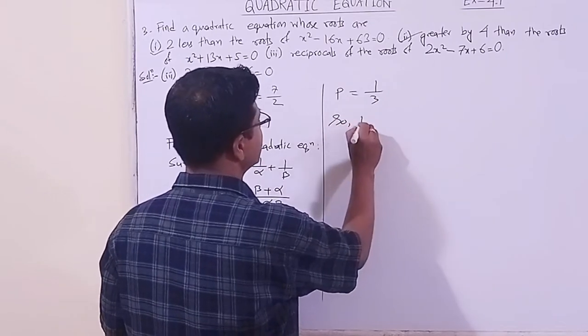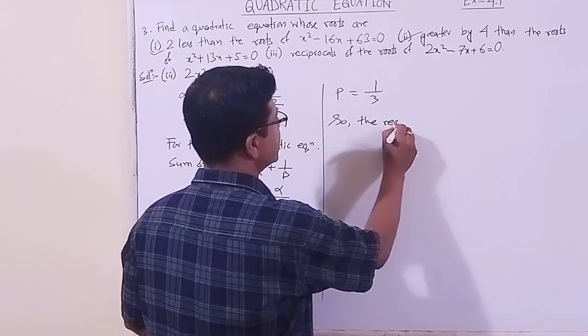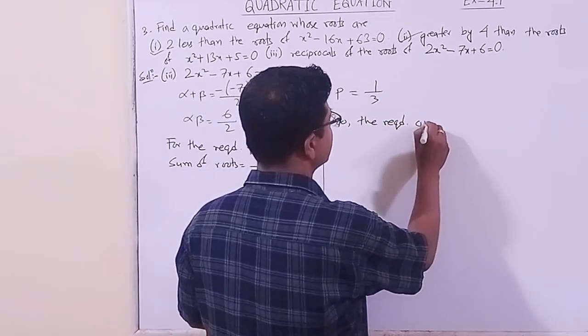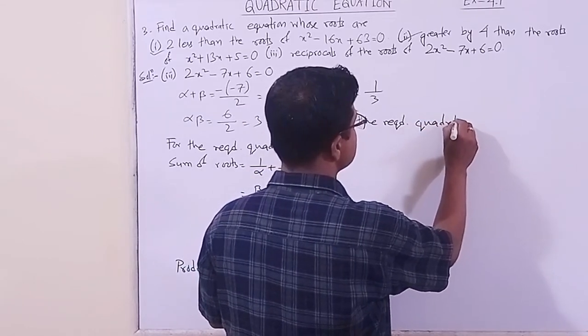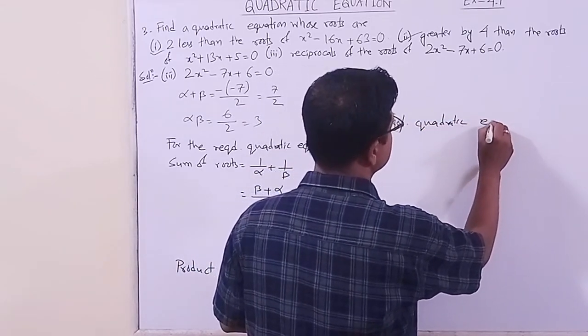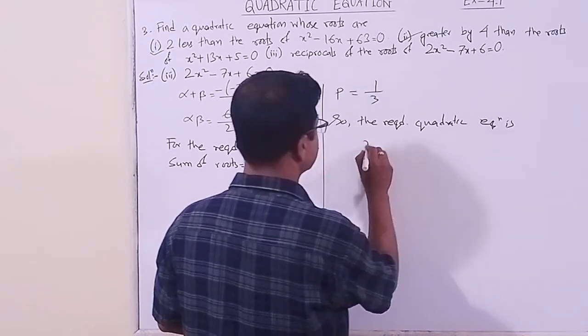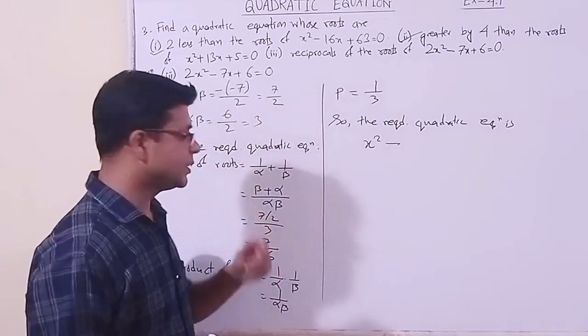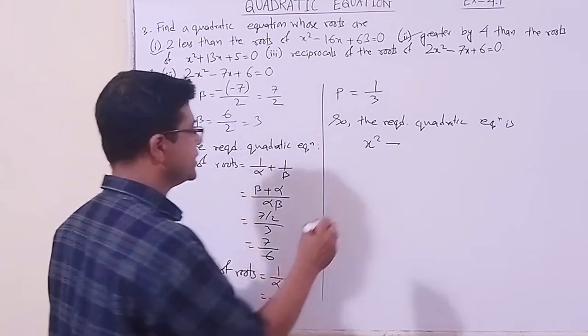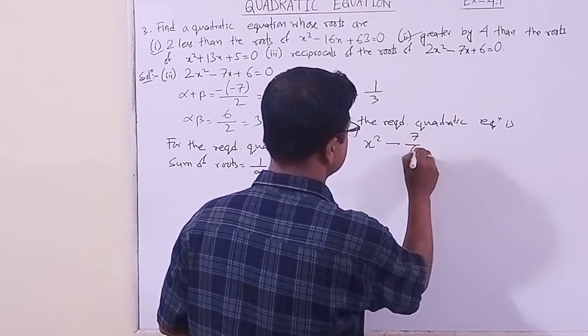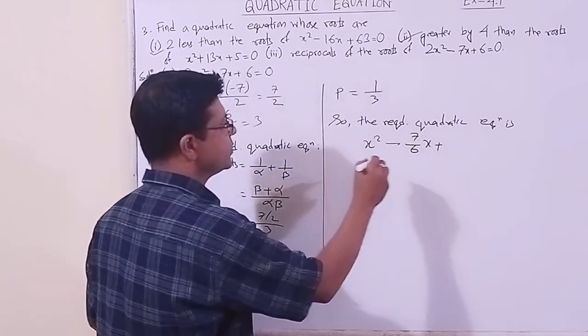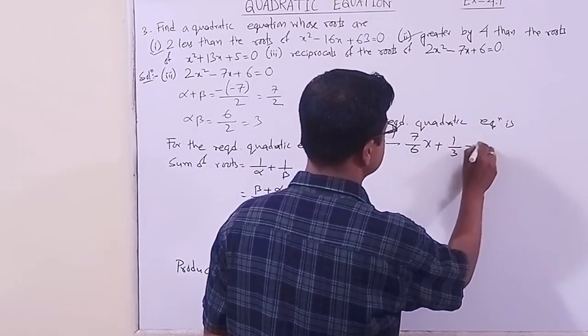So the required quadratic equation is x square minus the sum of the roots 7 by 6 into x plus the product of the roots 1 by 3, equal to 0. Let us simplify.